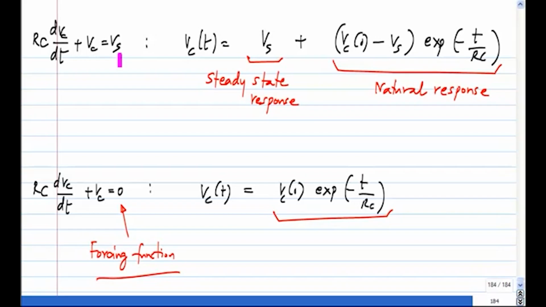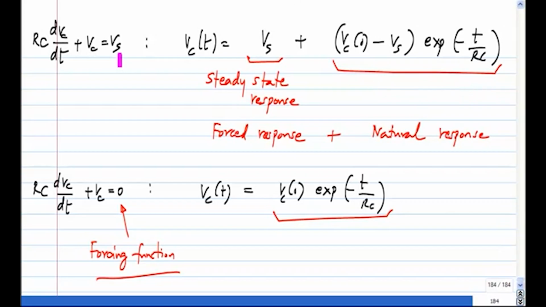By the way, the steady state response is also called forced response, and this part is called the natural response. This other terminology I messed up a little bit. You either call it forced plus natural or steady state response plus transient response.